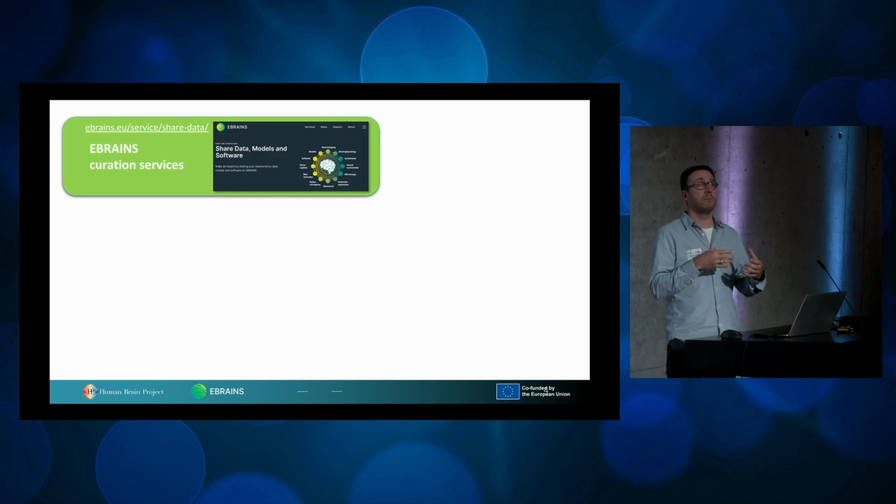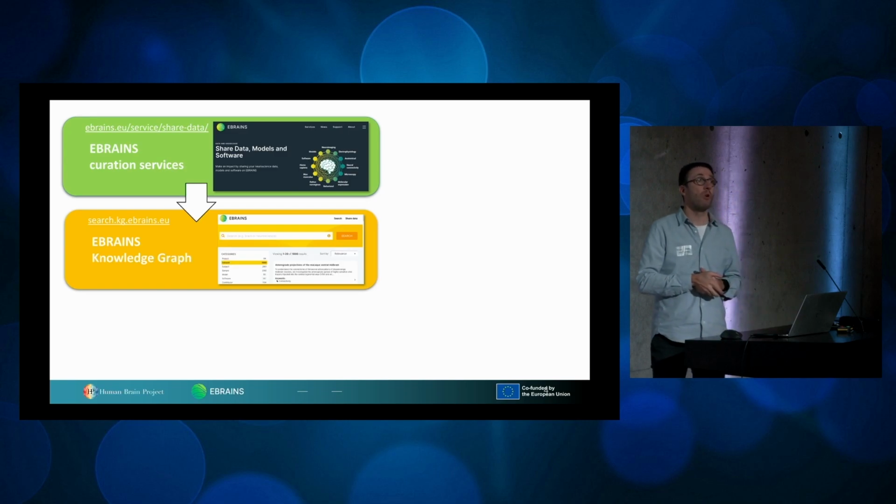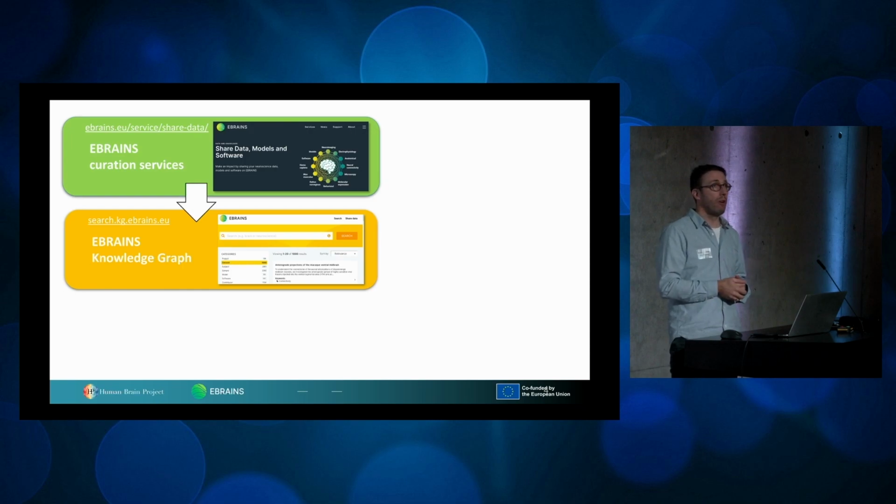So whenever we release a new map or anything, this will be a data set, it goes through curation, and it will have rich metadata attached, and this will be stored in the EBRAINS knowledge graph, which is a graph database following some predefined metadata schemes, in particular the openMINDS metadata schemes that were also mentioned by Marianne this morning.